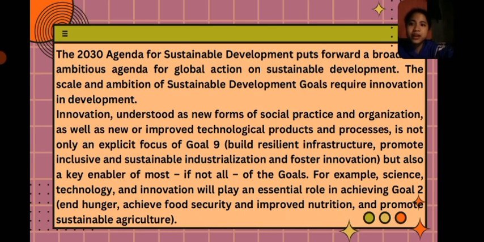Innovation, understood as new forms of social practice and organization, as well as new or improved technological products and processes, is not only an explicit focus of Goal 9, which is to build resilient infrastructure, promote inclusive and sustainable industrialization, and foster innovation, but also a key enabler of most, if not all, of the goals.